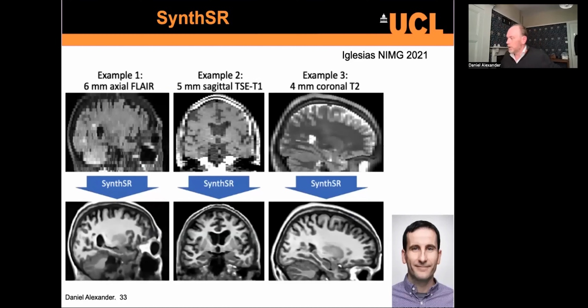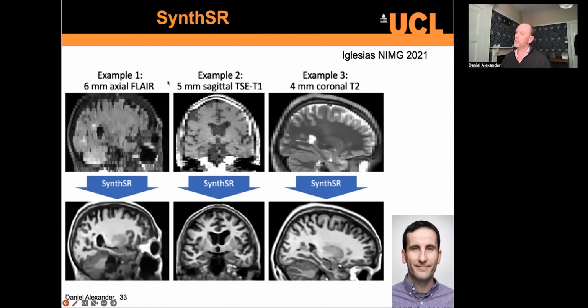Slight rewind. This is another kind of technique that I was involved in developing, led by Eugenio Iglesias here. The technique called SynthSR is quite similar to image quality transfer, but addresses a slightly different problem. The problem that Eugenio set out to solve was, given any sort of grungy old clinical MRI scan, can we map that to the best guess high resolution MP-RAGE T1 weighted image?